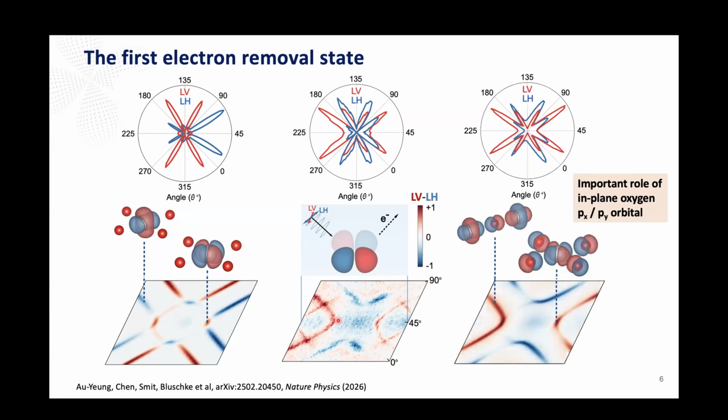As it turns out, what can reproduce the diagram of the experiment is that in the tight binding model, we also need to add the sigma bonded oxygen p orbital to be able to have the same diagram. And I'm going to show you why. First of all, if you have this z squared orbital, you would just think that it will have a very strong out-of-plane polarization.